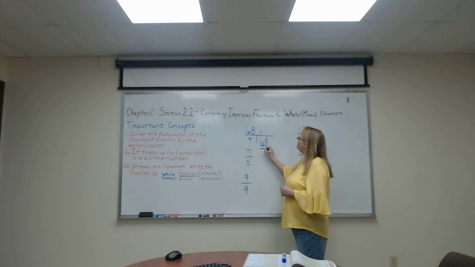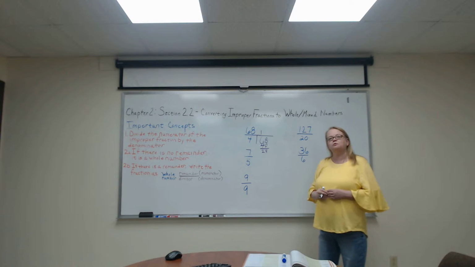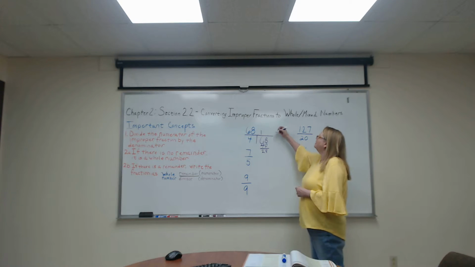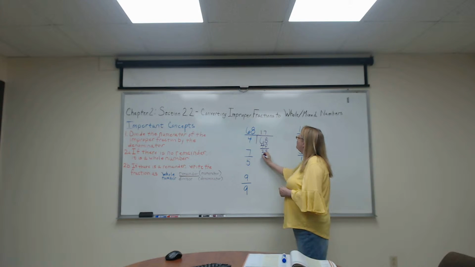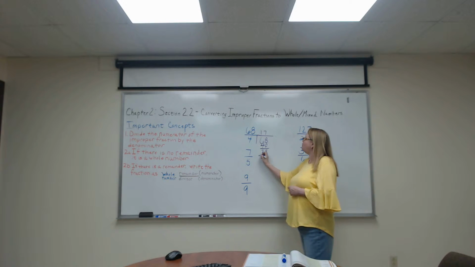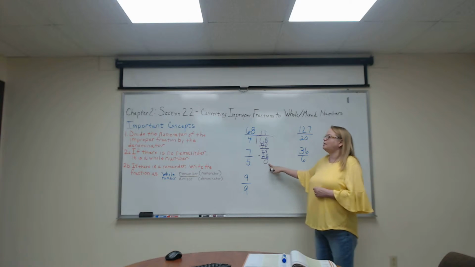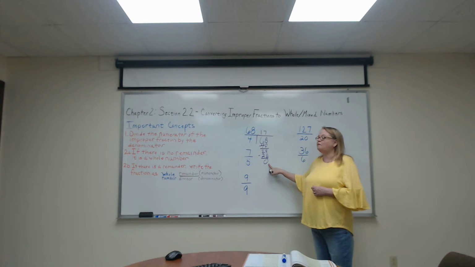We'll subtract, and we will get 28. And 4 goes into 28 7 times. So 7 times 4 is 28. So when we subtract 28 from 28, we realize we have no remainder.